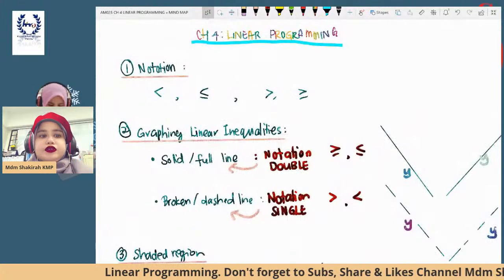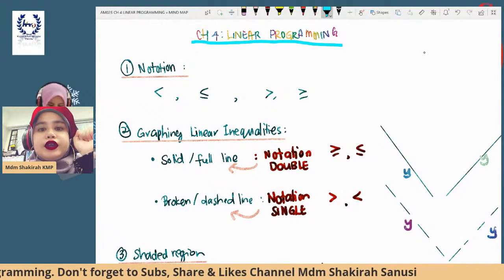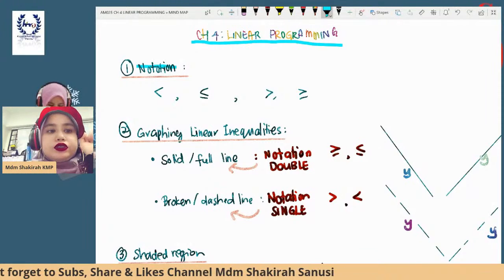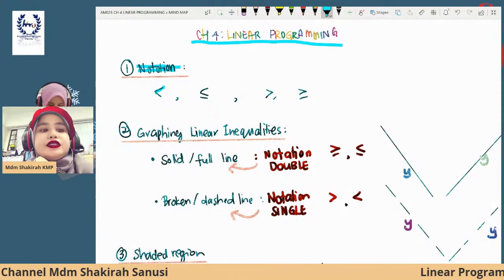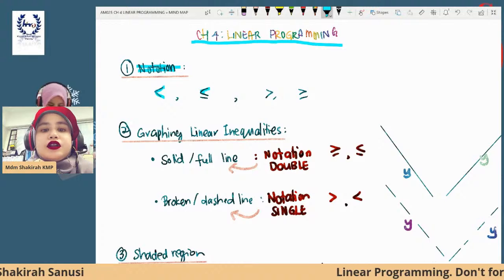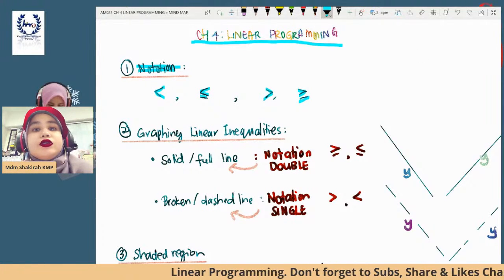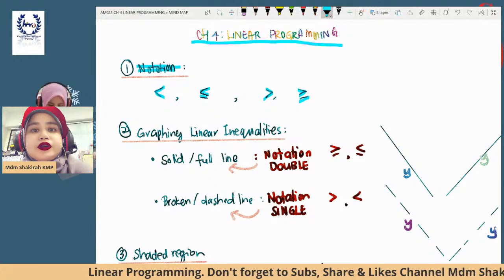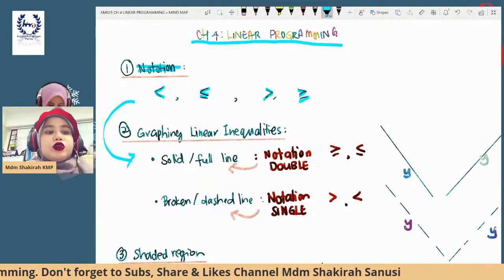In this chapter, the most important thing is for you to take note of the notation. You have to look at whether it is less or equal, greater or equal, because in linear programming, our symbol decides how we draw our graph.